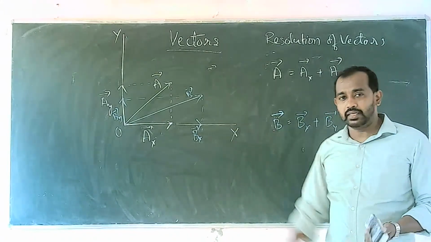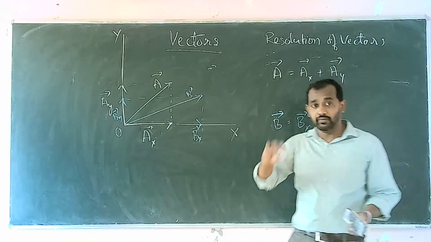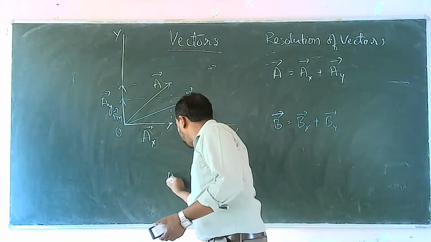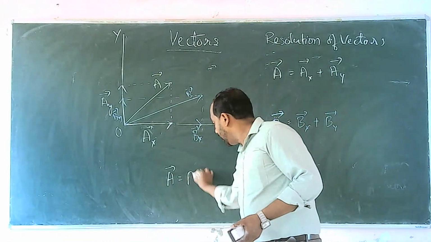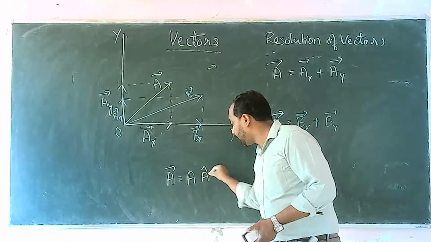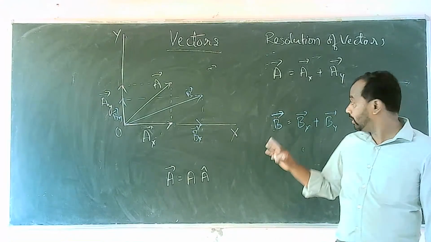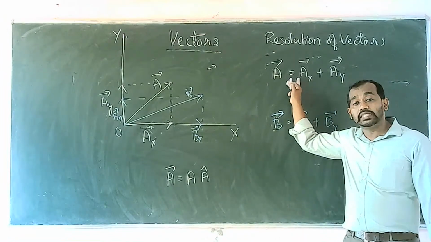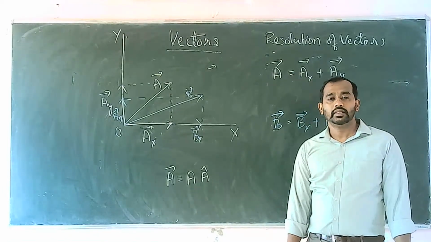And also in the previous concept, we have understood that any vector A can be represented as the product of its magnitude and a unit vector representing its direction. Okay. Similarly, even the components can also be represented in the same manner.